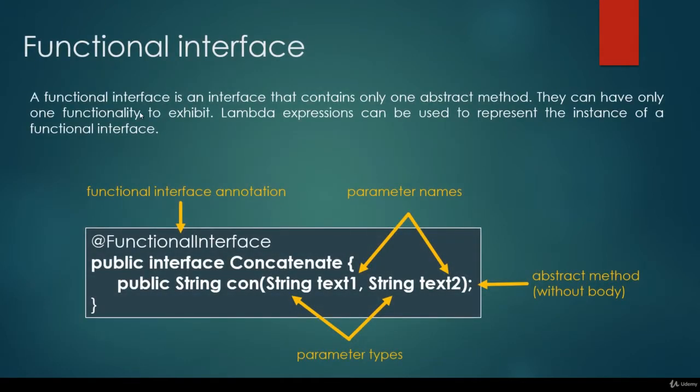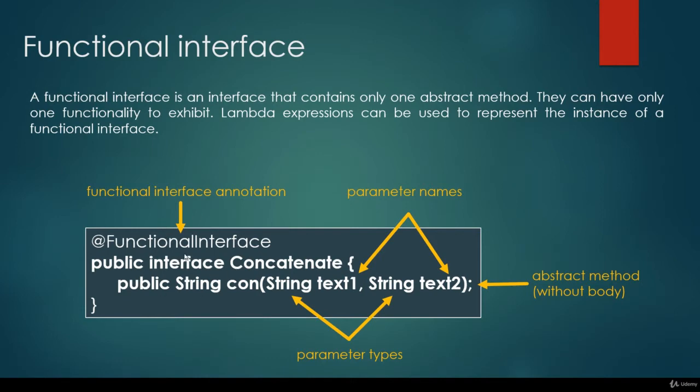What about functional interfaces? A functional interface is an interface that contains only one abstract method. They can have only one functionality to exhibit, and Lambda expressions can be used to represent the instance of a functional interface. We have to use the @FunctionalInterface annotation.